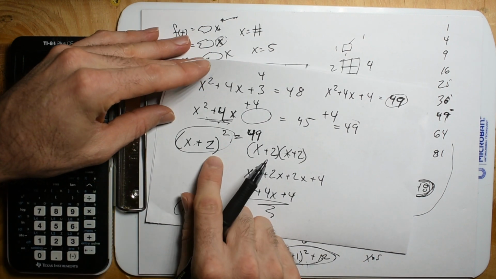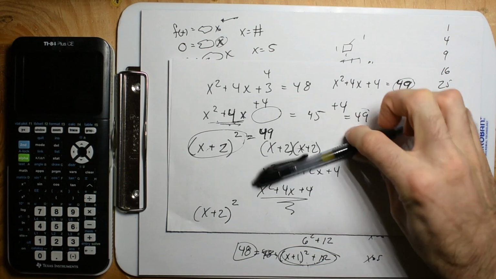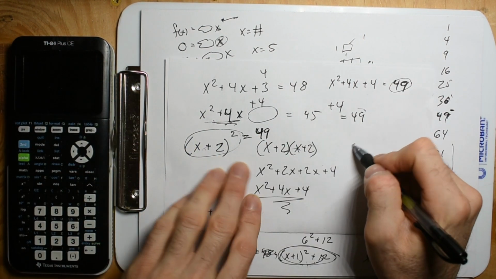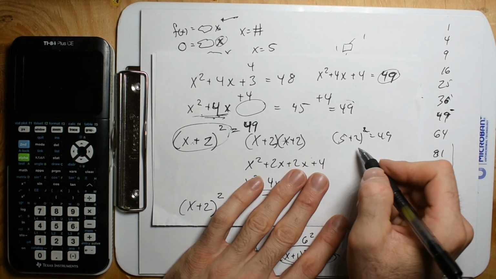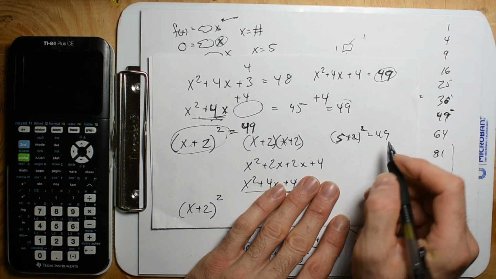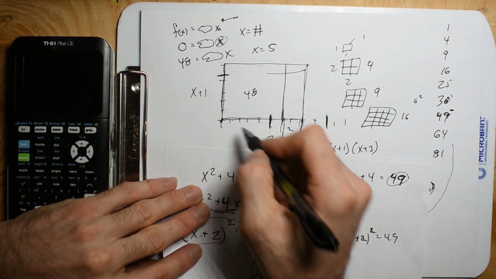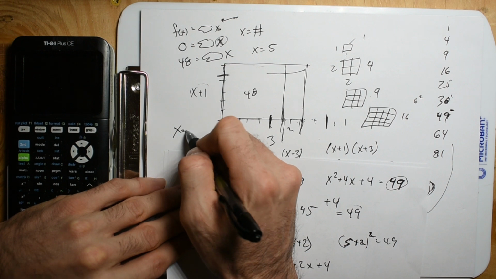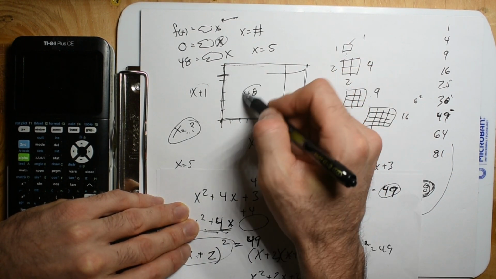I feel like we're missing something. No, this is just when we throw in 5 in here, we get 5 plus 2 squared is equal to 49. So that it just satisfies the expression. So if we didn't know that x, we just chose x to be 5. I forgot that that x value was the unknown. We didn't know what x was going to be, but we knew what the area was.